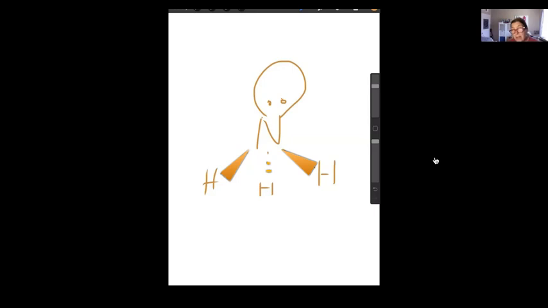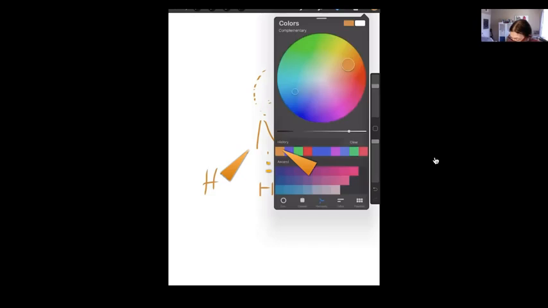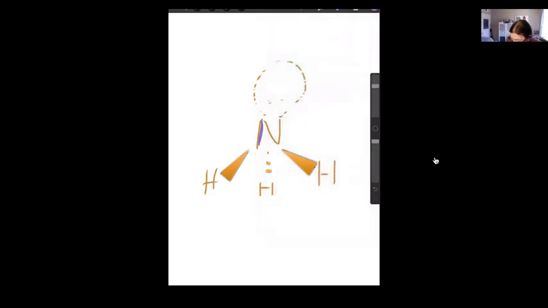But for the molecular geometry, you forget about basically the electrons, the non-bonding electrons. And you just look at the atoms in the molecule. So what shape do the atoms themselves make? Well, because they're the bottom piece of a tetrahedron, they make this thing called a trigonal pyramidal.